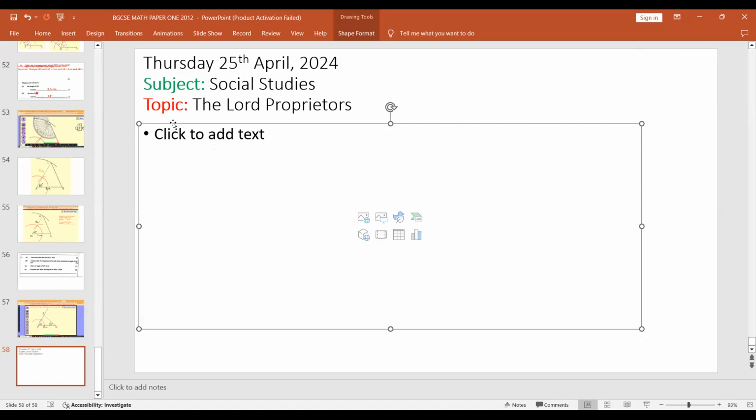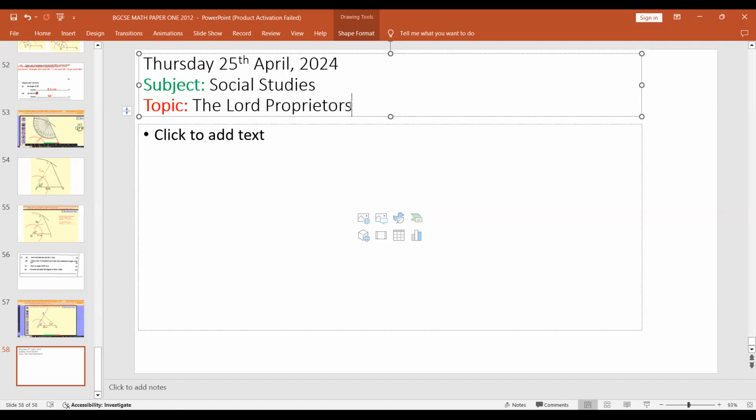And we talk about the proprietary government structure with the Lord Proprietor at the top, then the proprietary governors that they would appoint. Now, even though we're talking about Lord Proprietors, today we're going to be talking mainly about proprietary governors, the governors who they appointed and what they did.